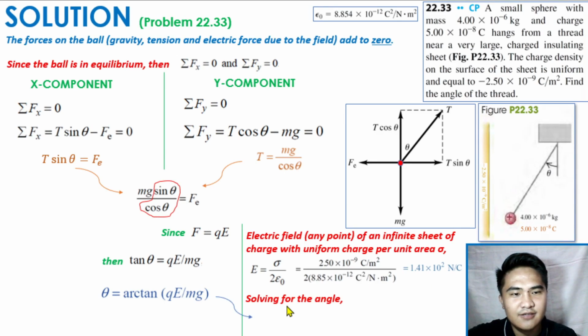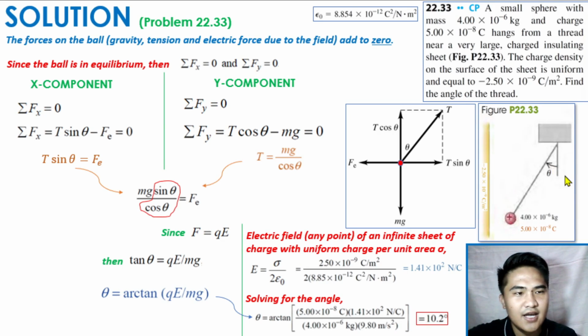Solving for the angle, we will use this formula, and substituting the values, we have the charge of the small sphere, the electric field here, the mass of the small sphere, and the acceleration due to gravity. And this will give us 10.2 degrees. So this angle is 10.2 degrees.